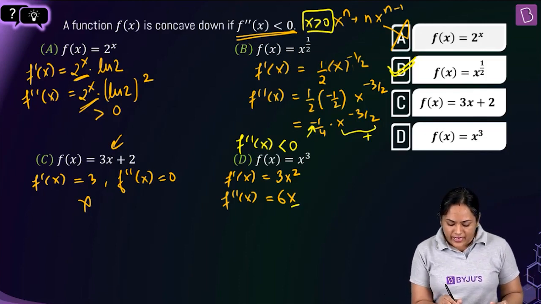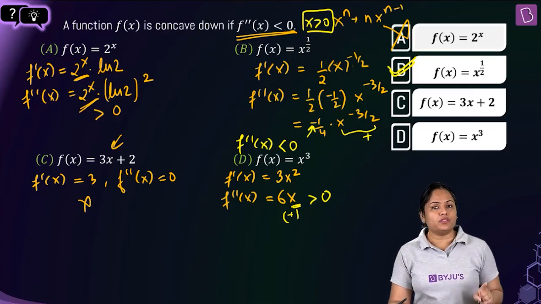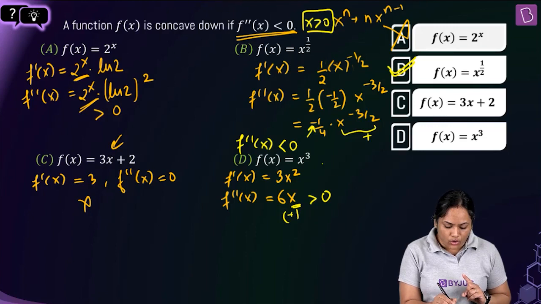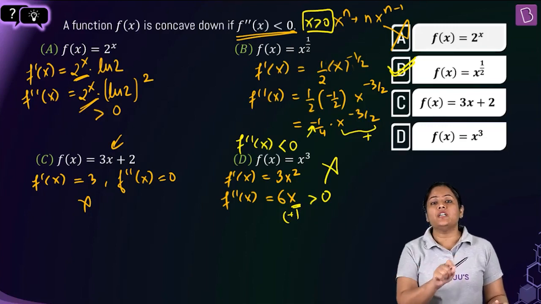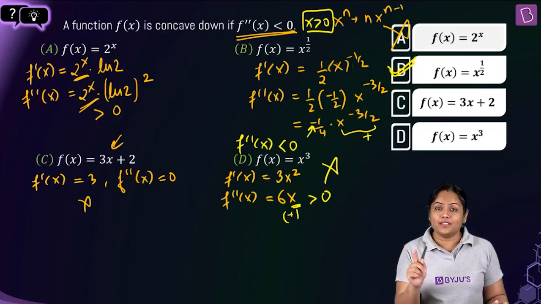And we know that whenever x is positive, this entire f double dash x will always be positive, right? And if it is always positive, again, it does not fall in a required category of concave down. Here for positive, real values of x, graph will be concave up, right?